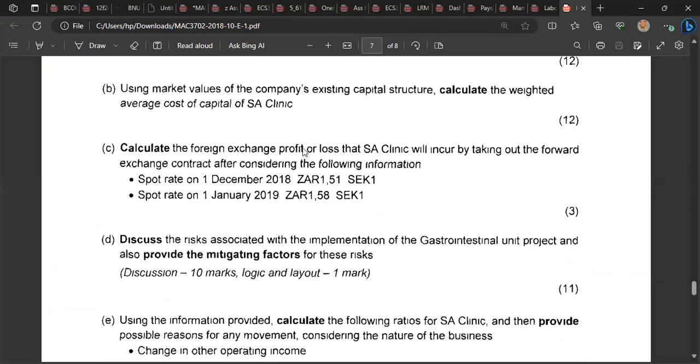this one here: calculate the foreign exchange profit or loss incurred by taking out the forward exchange rate. So what you are basically doing here, you are looking at the difference between that spot rate and the exchange rate that's given. Right. Let's just have a look at that there.